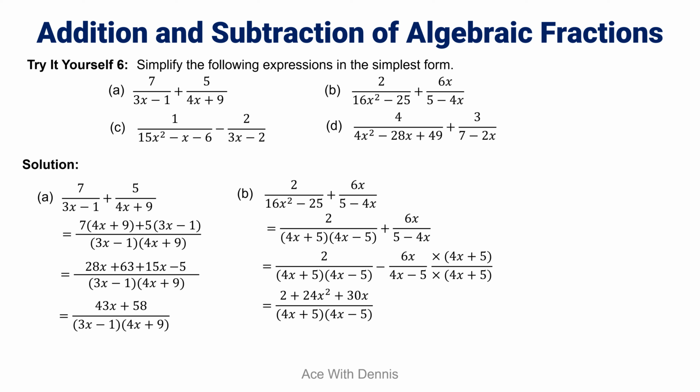So we'll get 2 plus 24x squared plus 30x over (4x plus 5) times (4x minus 5), or we can factorize the 2, we have 2 bracket 12x squared plus 15x plus 1 over (4x plus 5) times (4x minus 5). So this is the answer for B.